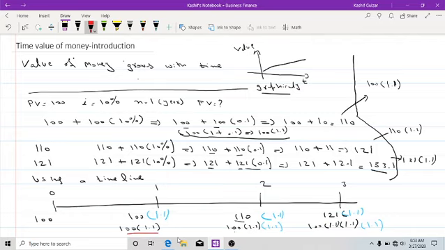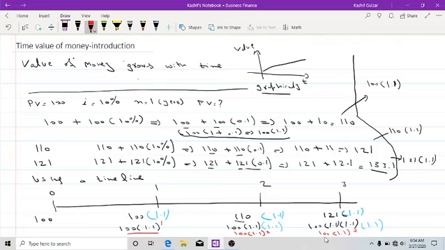I can say this is 100 into 1.1 to the power 2, and this is 100 into 1.1 to the power 3. So you see how the pattern is. Every year I'm just adding the powers up: power here is 1, power here is 2, power here is 3. So if I keep on doing so, I just need to change the powers. I hope you can grasp this idea.